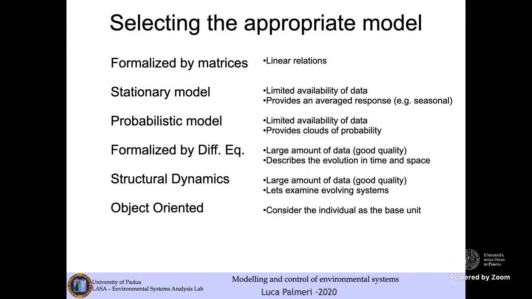Might these be animals or plants or certain forms of nutrients like nitrogen and phosphorus, like for example orthophosphates and so on. In this case, if you describe interaction between objects, you will be building an object-oriented modeling approach.